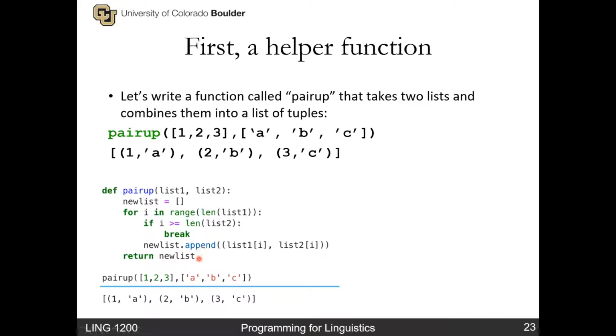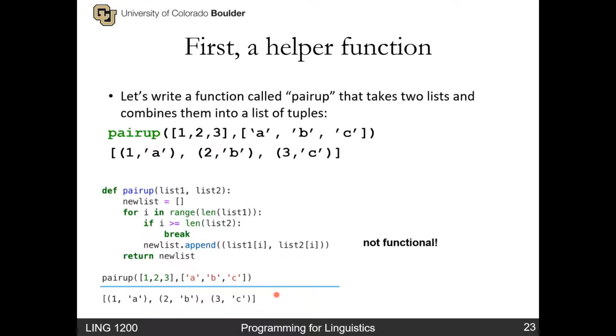So we're going to end up with this list of tuples. So the 0 item in list 1 is going to be paired up with the 0 item in list 2, the 1th item with the 1th item, and so on and so forth. It's exactly what we need. So we can think about how we would use this if we could get a list of our words and then the list of numbers starting with 0, and we could pair them up, then we would have those numbers that would give us the order of the vocabulary.